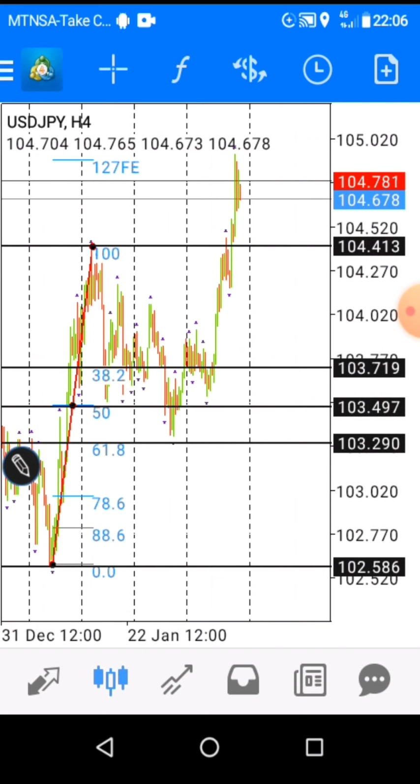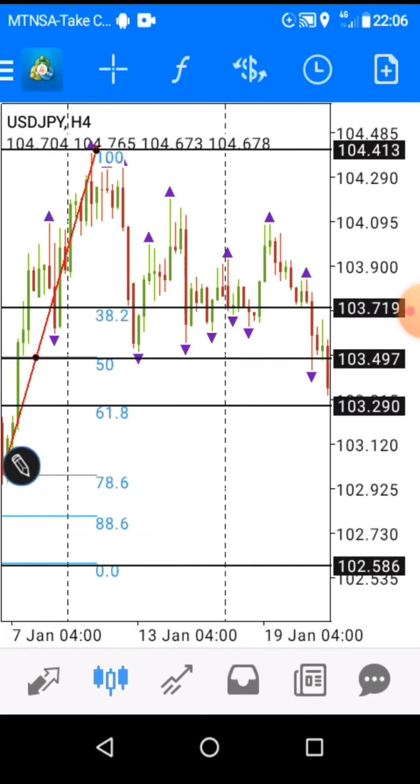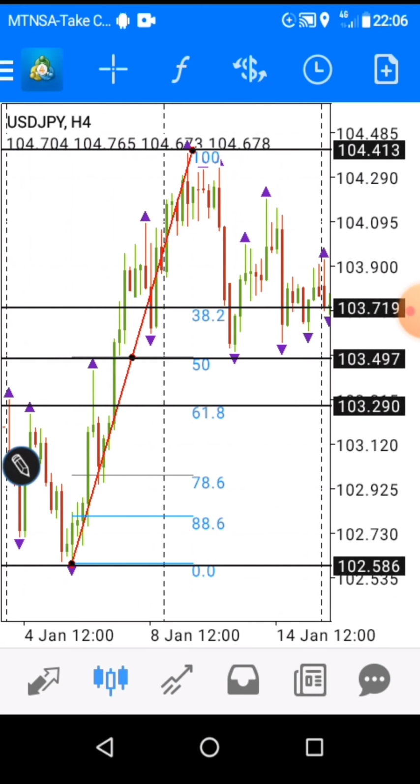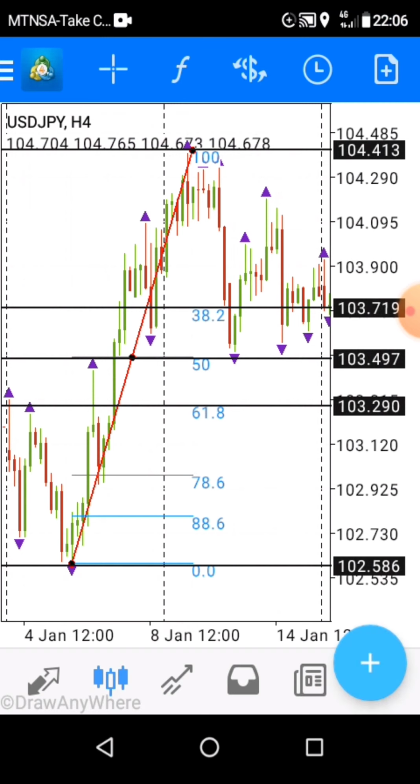So we could have, let's say for example, you saw this trade, or you saw this setup here. Let's say you saw it here, then you would have just plotted your Fibonacci from here to there. You feel me?